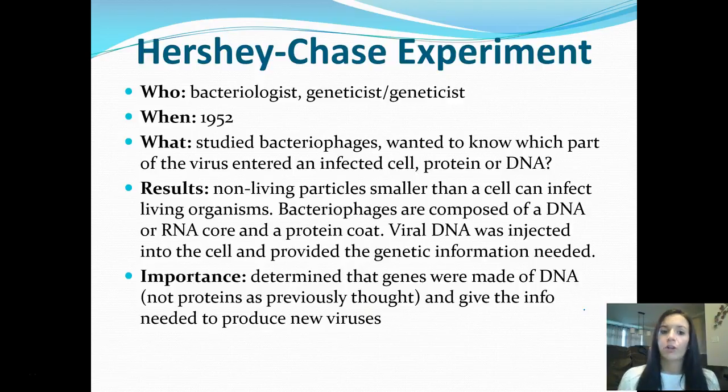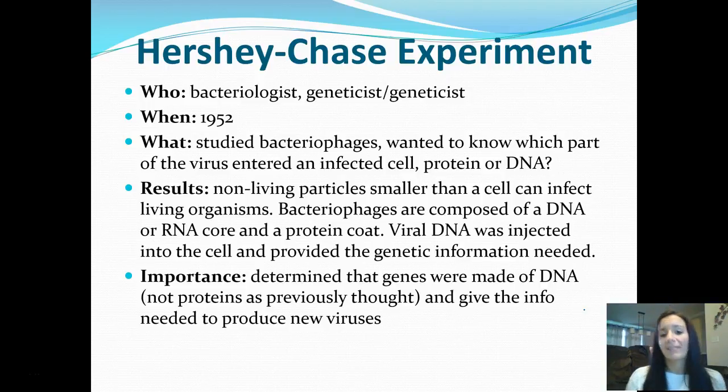After him was the Hershey Chase experiment. These were actually two people, and one was a bacteriologist, the other was a geneticist. This was in the 1950s, so we've progressed a few years here. They studied bacteriophages, which, if you remember, are viruses that infect bacteria. They wanted to know which part of the virus infected the bacteria, whether the protein of the virus or the DNA of the virus did.